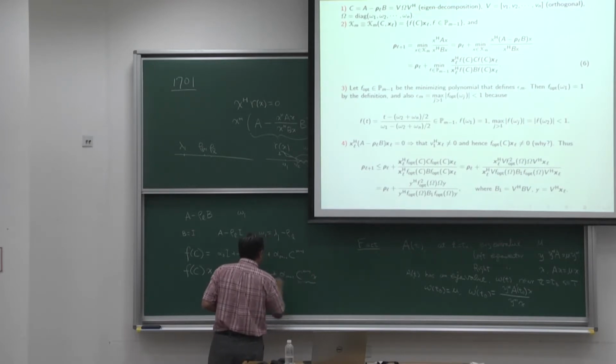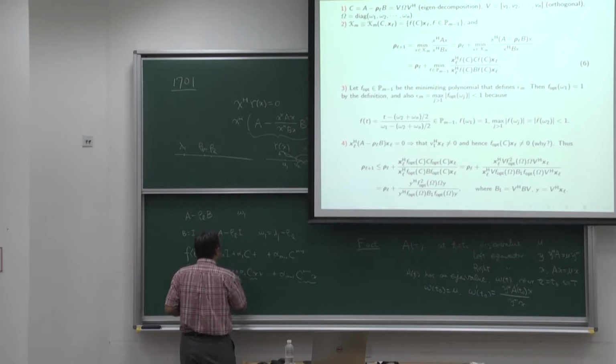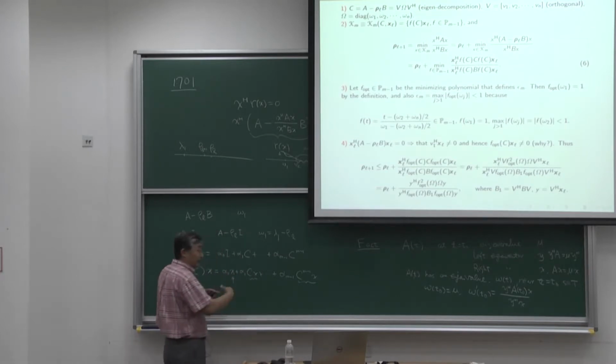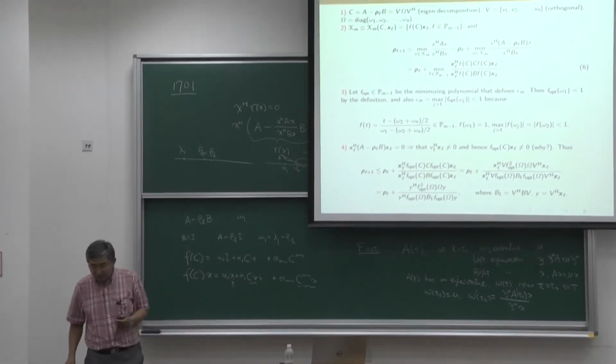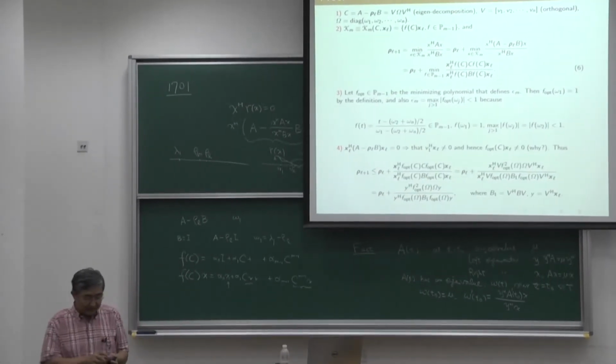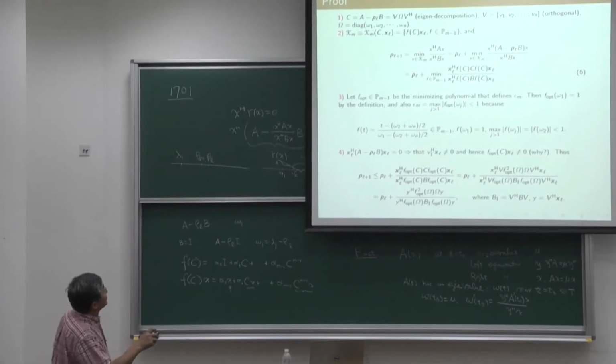See, it becomes a linear combination of those vectors. Therefore, because you're looking at all possible f, the two are the same. So the space of all polynomials f of C times x L together give you the Krylov subspace.